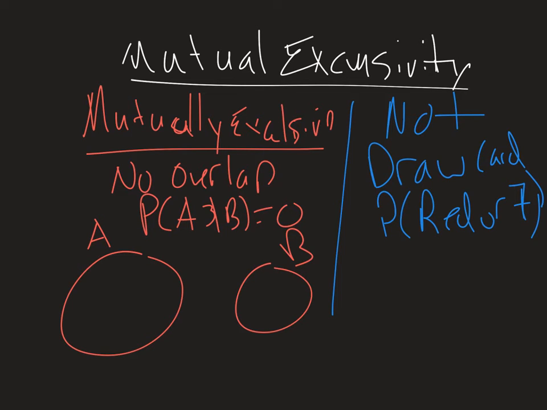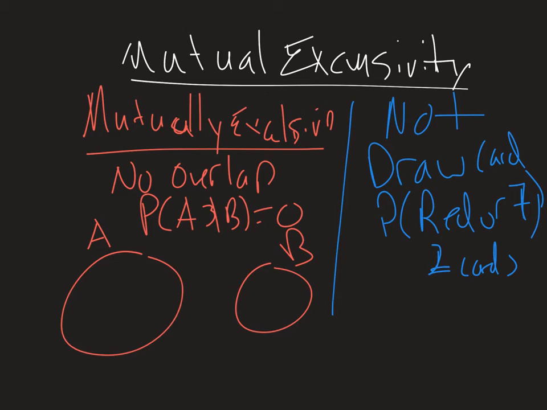Well, if I think about this in terms of the deck of cards, there are 2 cards that fit both. So it's something I have to consider when I'm working on a probability problem. I have to make sure I don't double count the 7 of hearts and the 7 of diamonds. Both of those would be red. And that would mean that there's not mutually exclusive events happening there.